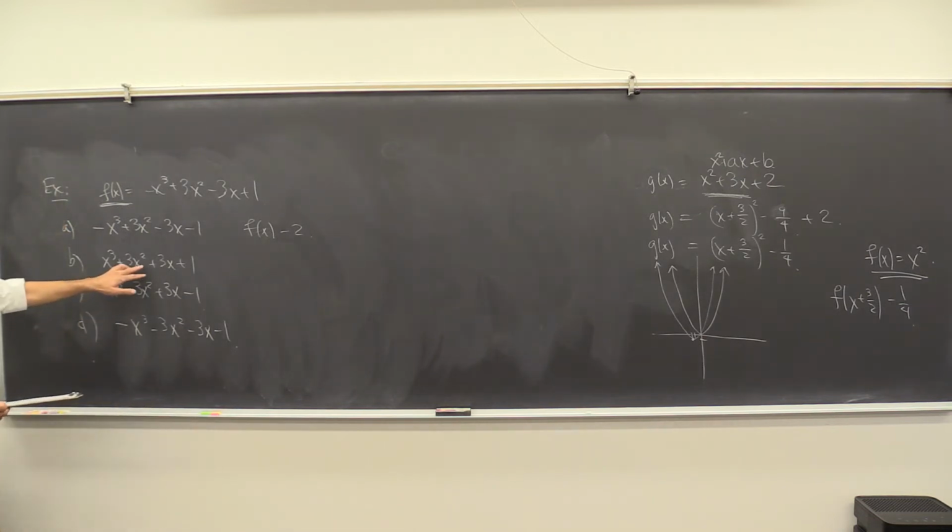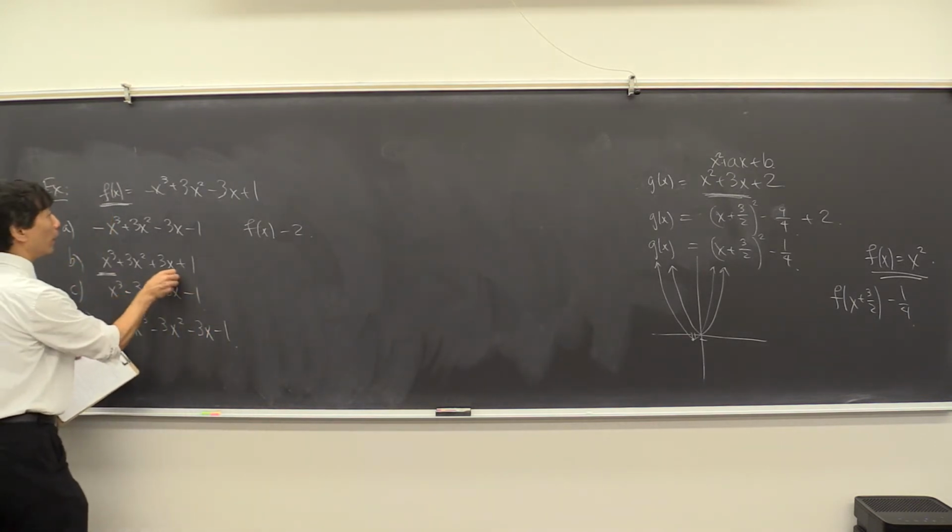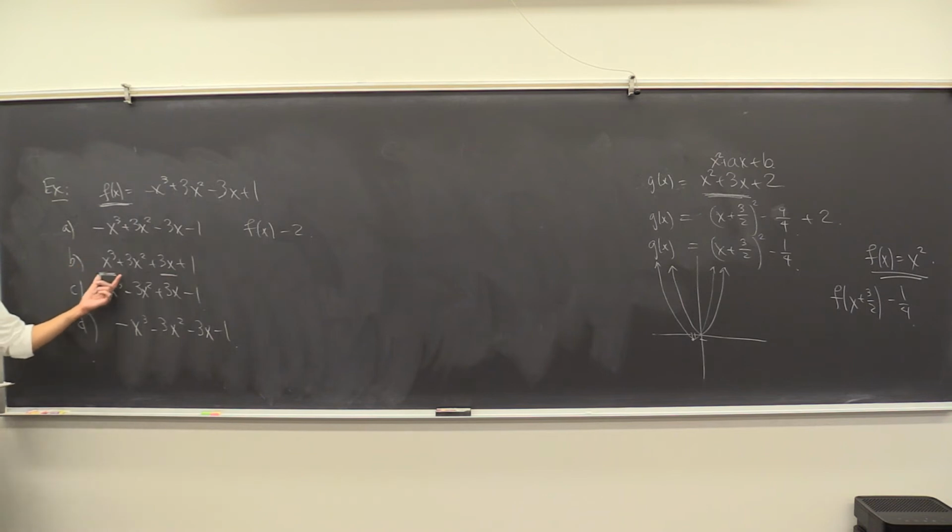I don't know if that's amusing, but anyway, B. Can anybody get B? Yes, Zoe. Well, I'm not sure where that would be f of negative x. F of negative x, yeah, right? Because you notice that all of the odd terms have changed sign.